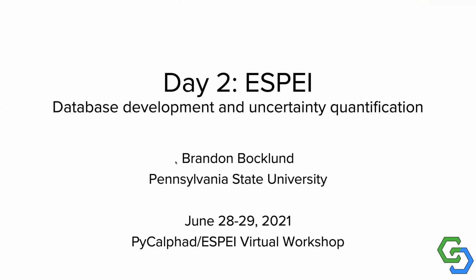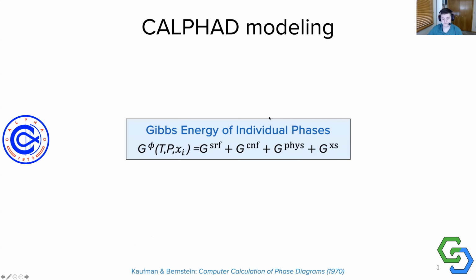So today I want to get started by talking about ESPEI, which is the database development and uncertainty quantification tool that's built on top of PyCALPHAD that we talked about yesterday. Just to briefly review, we're interested in modeling the Gibbs energies of individual phases by building up these Gibbs energy contributions.